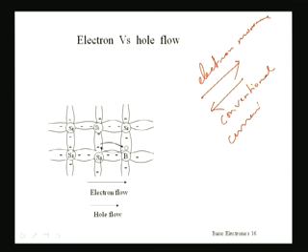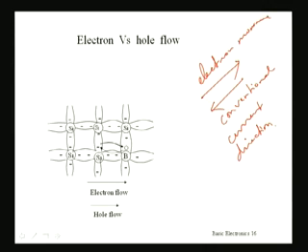But now we have seen that another type of charge carrier is also there in the semiconductor, which are holes, which are positively charged. So the current flow will now be due to these two types of carriers. One is electron and the other is hole, and both are opposite in charge. That is, electron is negatively charged and hole is positively charged.